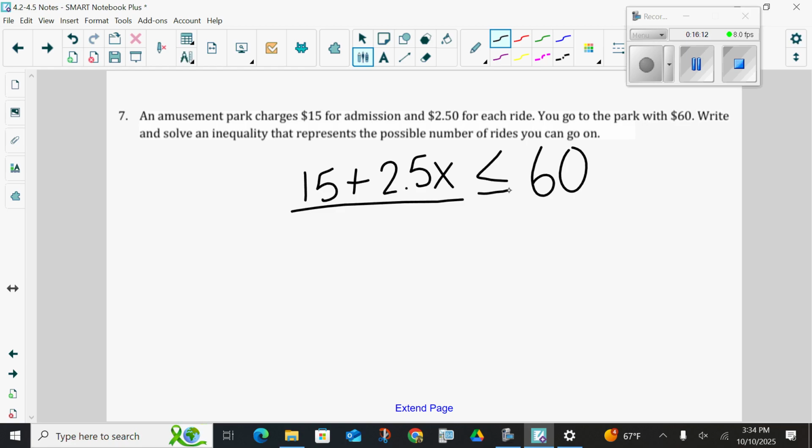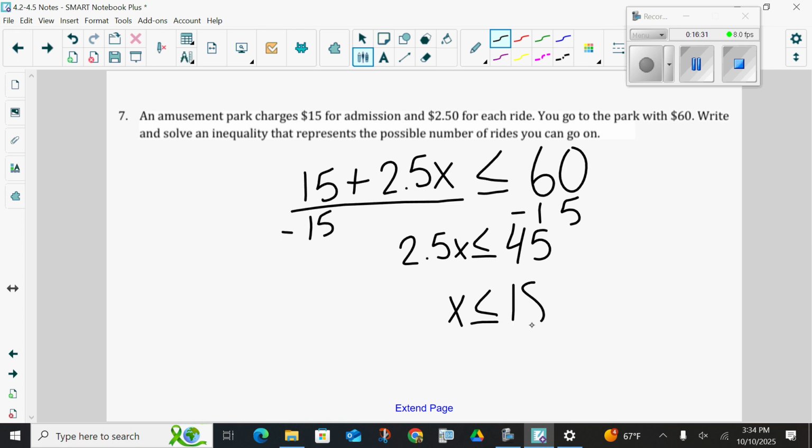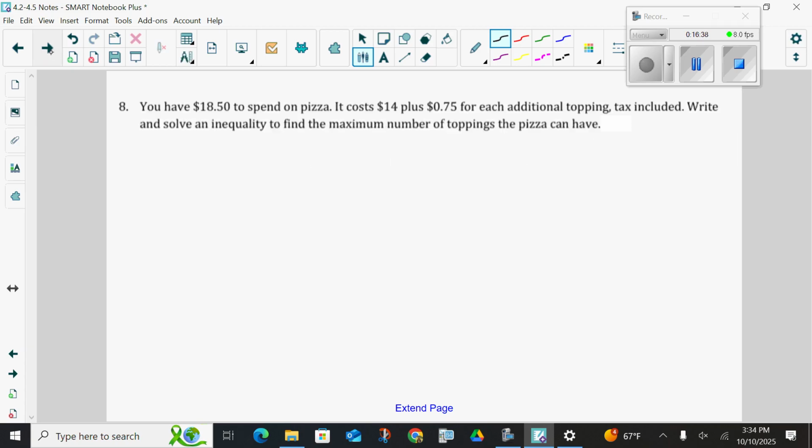I'm going to subtract 15 from both sides, and I'll get 2.5x is less than or equal to 45. And then when I divide both sides by 2.5, I get x is less than or equal to 18. And that is my solution. I'm going to have you guys try number 8 on your own. So take a second, pause this video, and try 8.